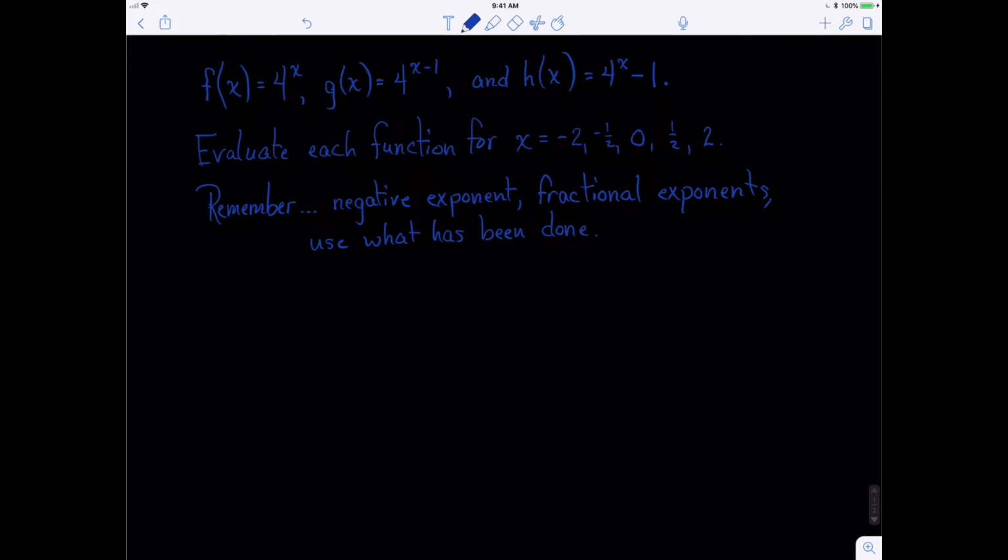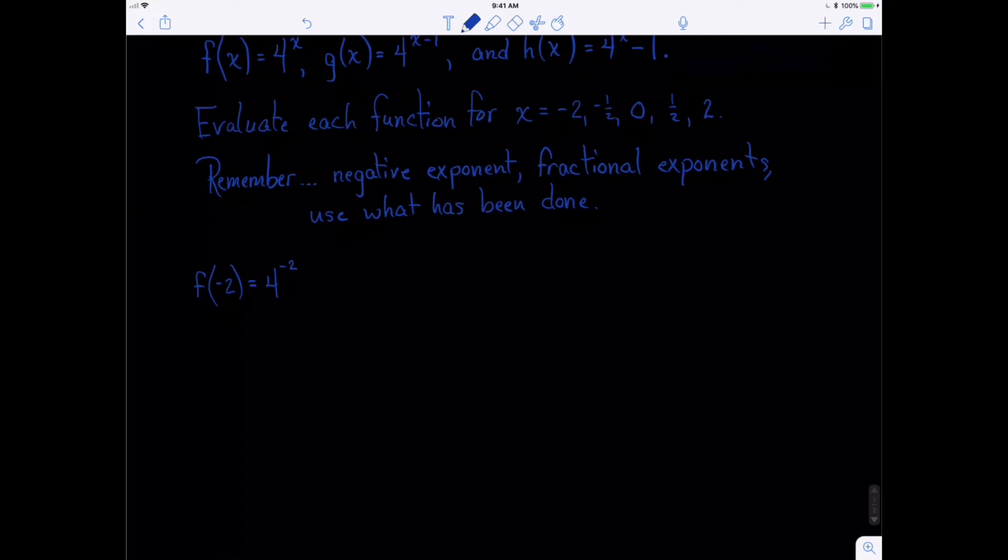So let's begin. Our first one, we're going to start with f of x. So I'm going to evaluate f of negative 2. So this equals 4 raised to the negative 2. Now, when we have this, I'm going to just use horizontal notation. Remember that the negative switches the base.